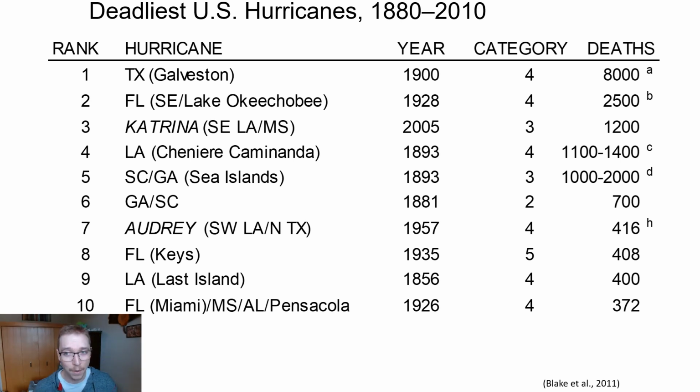That killed 8,000 people. It was a Category 4. In Florida, the southeast Lake Okeechobee area, 2,500 people in 1928. Obviously, Hurricane Katrina in 2005. We see a few others as we go down, but some pretty incredible loss of life from these devastating storms.